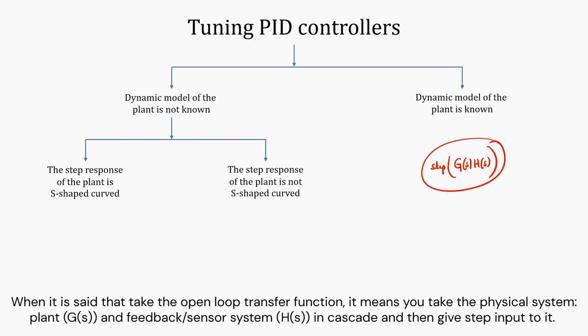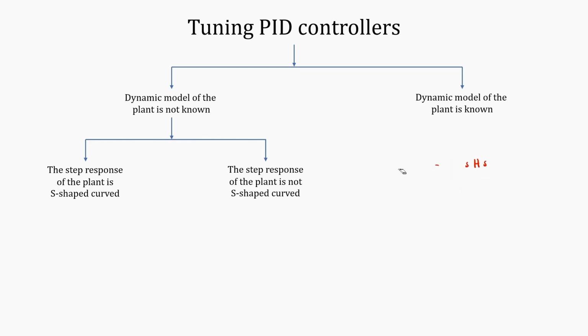If the step response comes out to be an S curve, then you can go ahead and apply these methods that we will talk about. If you do not have an S curve, then generally there is no specific tuning method, so you will have to struggle a bit, but in most cases it generally comes out to be an S curve, for SISO cases at least.